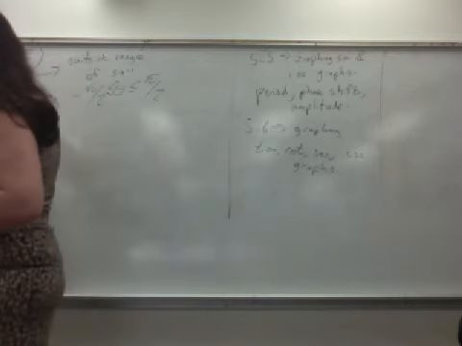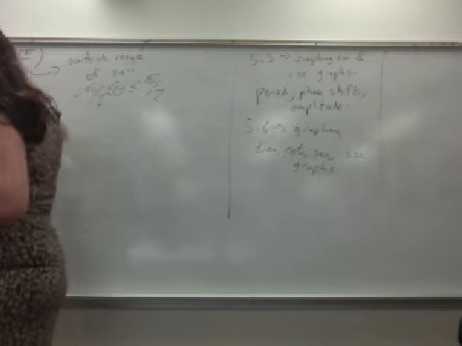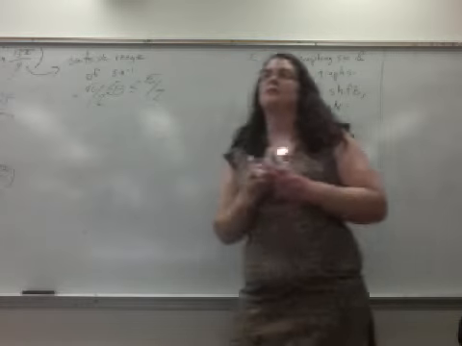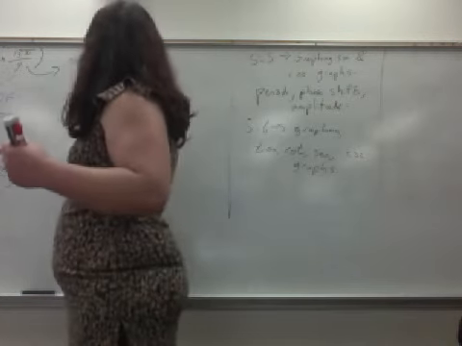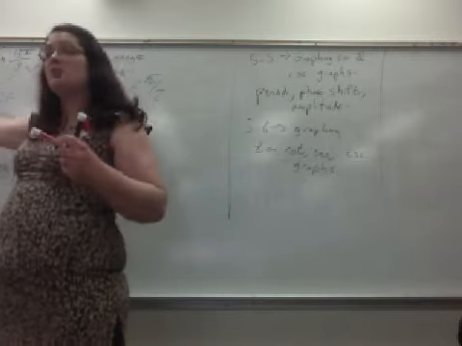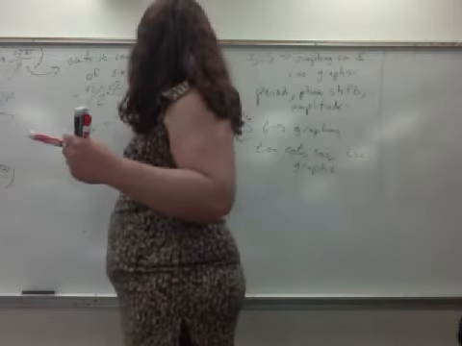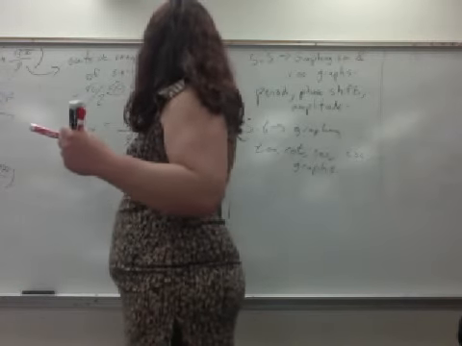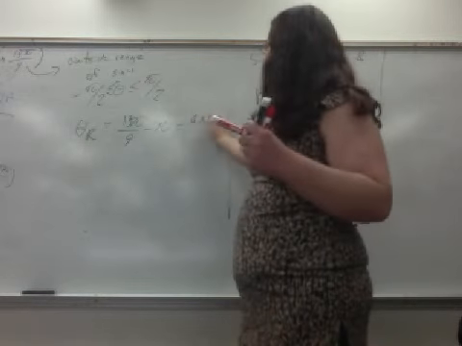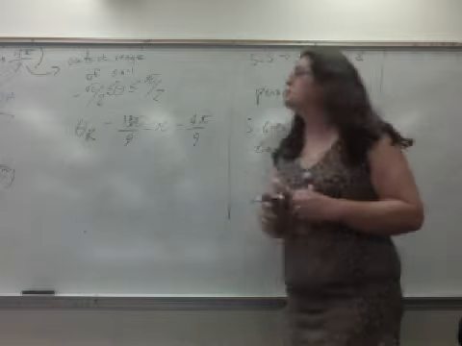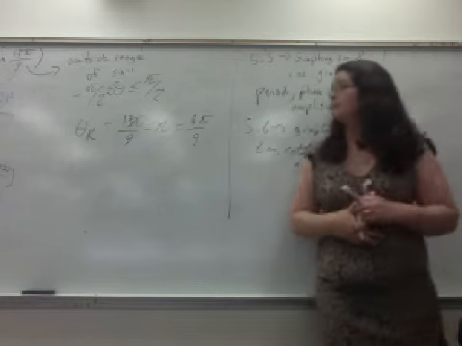So the first thing I'm going to do is I'm going to find the reference angle. The reference angle is going to be directly opposite 13 pi over 9, so it's going to be 13 pi over 9 minus pi. Pi we can think of as 9 pi over 9. So the reference angle here is 4 pi over 9.